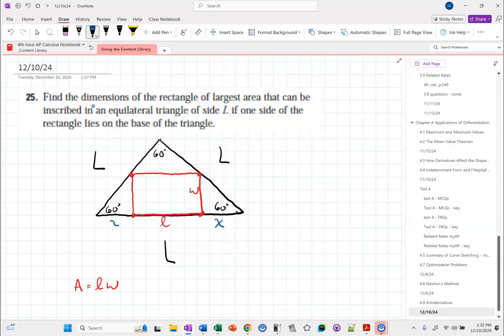So if I call those X and X, well, no, this should just be L minus L over 2, right? So I can say then that tangent of 60 degrees is going to equal W over L minus L over 2.